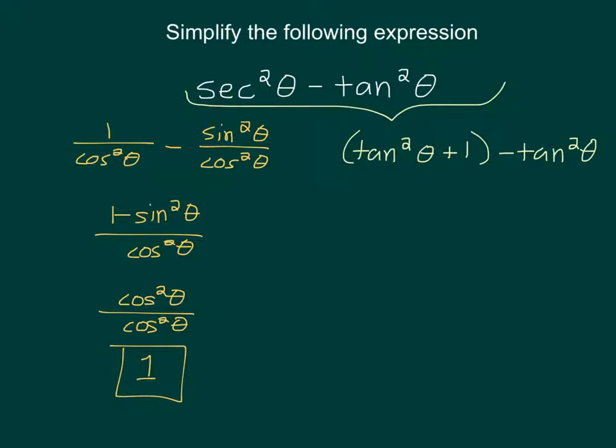What is tangent squared theta plus 1 minus tangent squared theta? 1. Doesn't matter which way you do it. This way means that you don't have to remember this special identity here, but it takes a little bit longer. This way is much shorter, but you have to remember the special identity here. But that's only with secant.